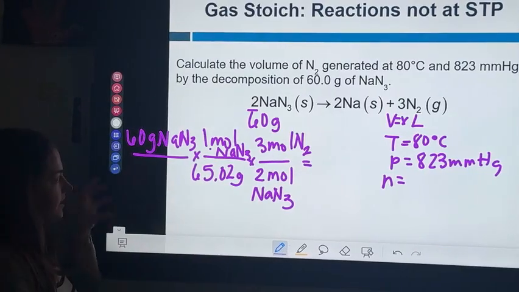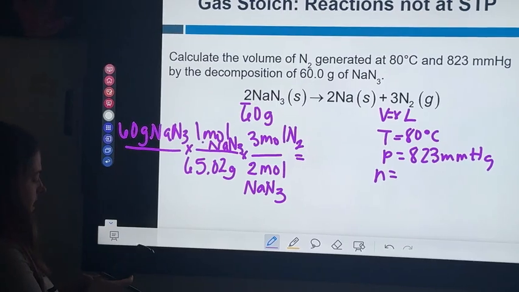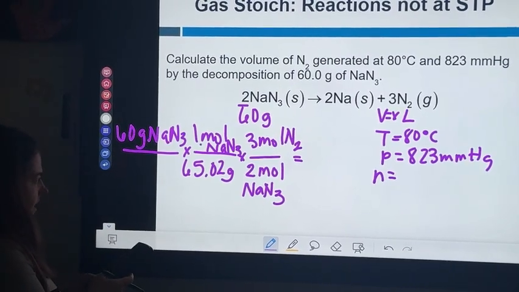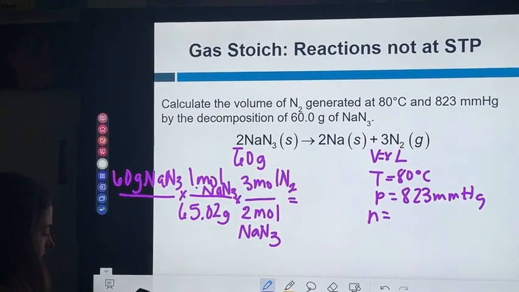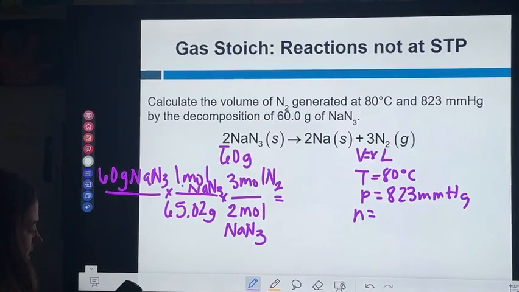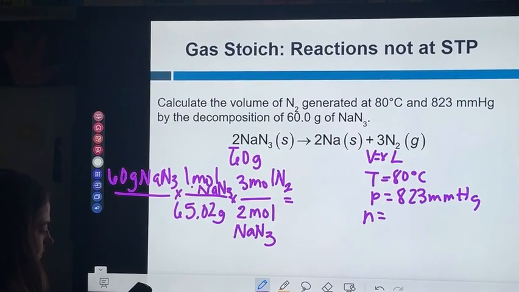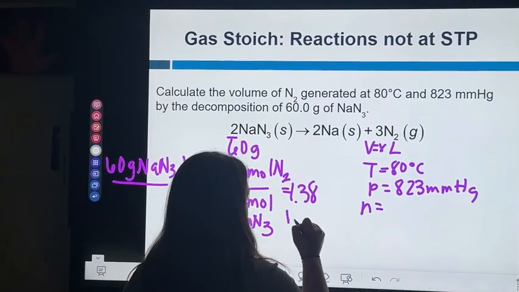So I'm going to solve this and get my moles of N2. I'm going to multiply the top, so 60 times 3, divided by the bottom, which is 65.02 times 2, which is 130.04. So 180 divided by 130.04, and you get 1.38 moles, okay?